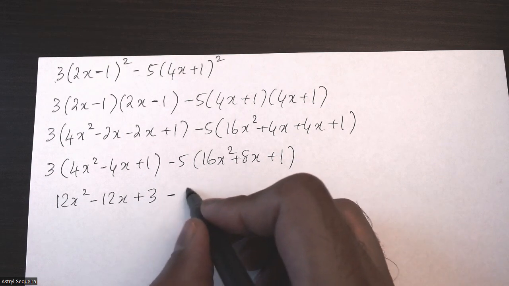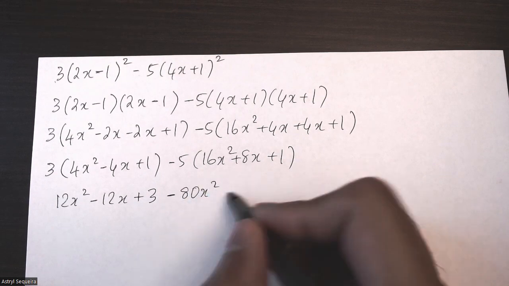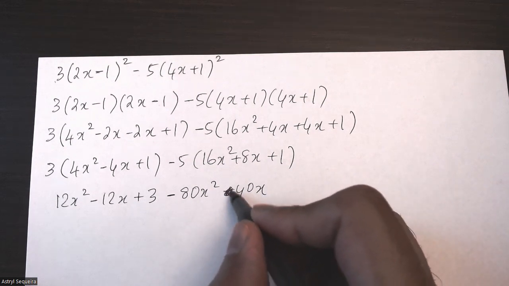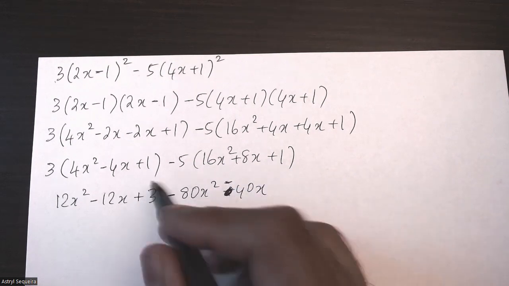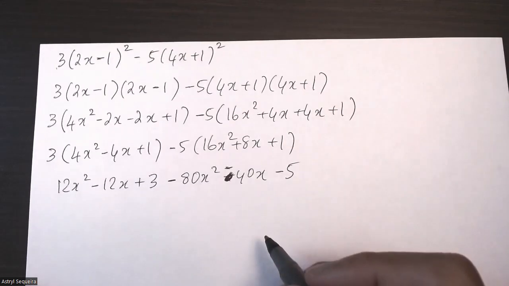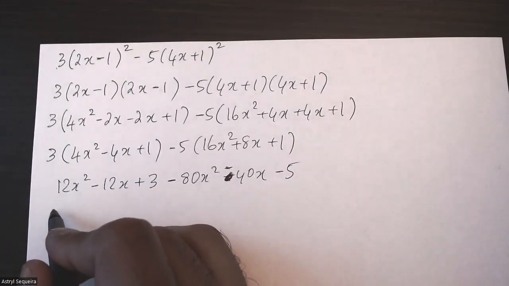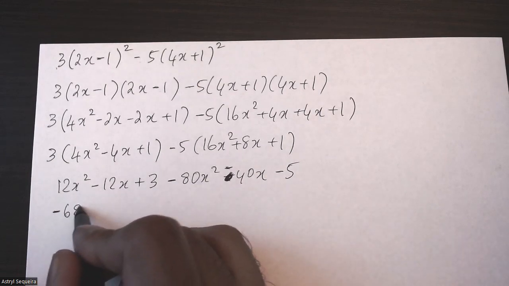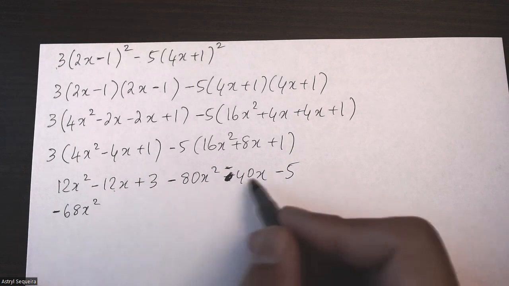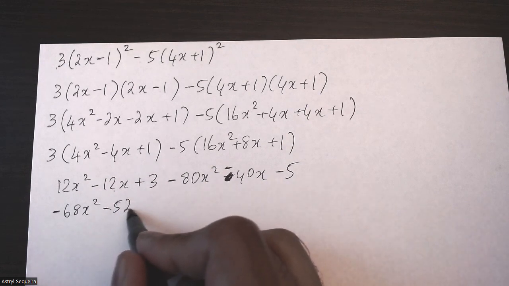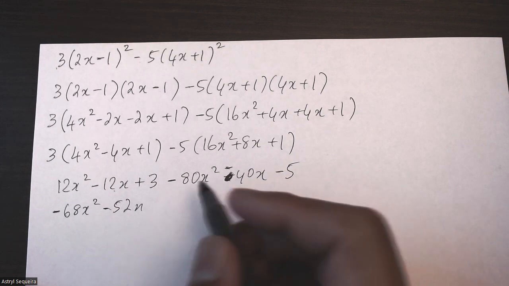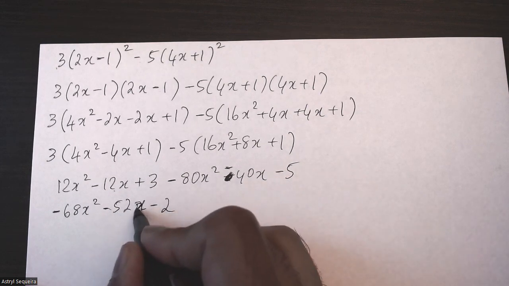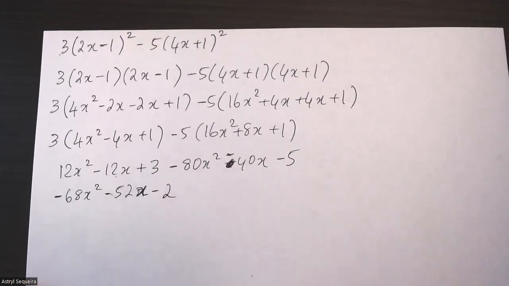And over here, it's going to be 80x squared plus 40x minus 40x minus 5. And finally, I'll combine my like terms. So 12x squared minus 80x squared is negative 68x squared. Negative 12 minus 40 is negative 52x. And 3 minus 5 is minus 2. Now my x's look like n's sometimes, but those are n's.